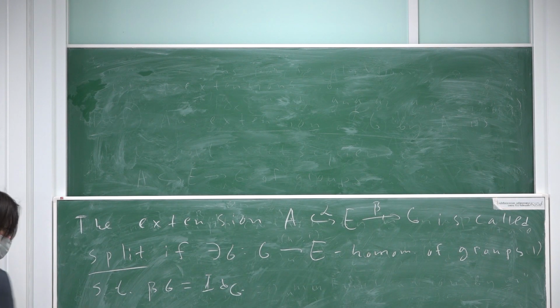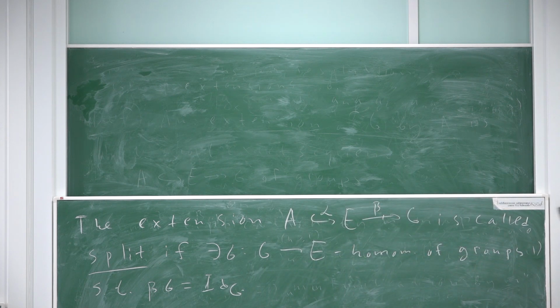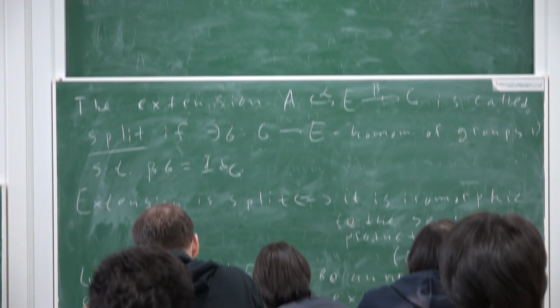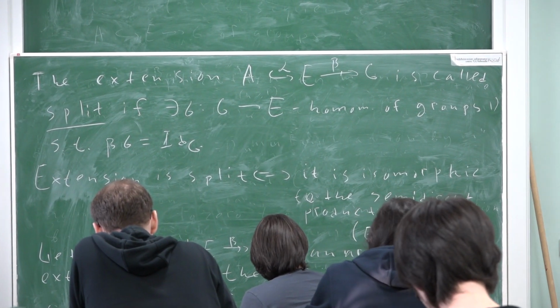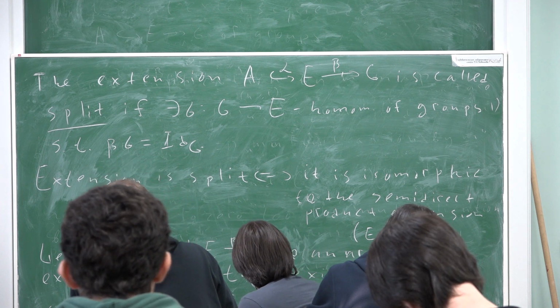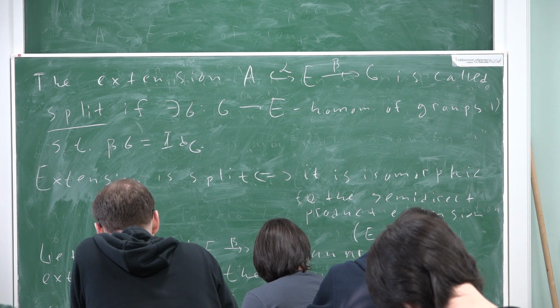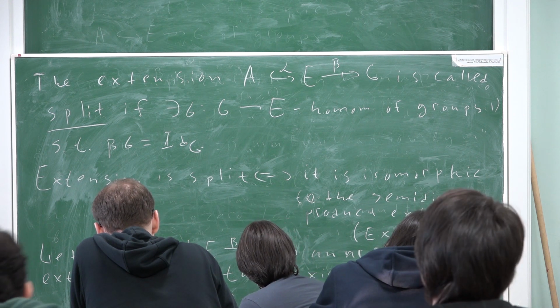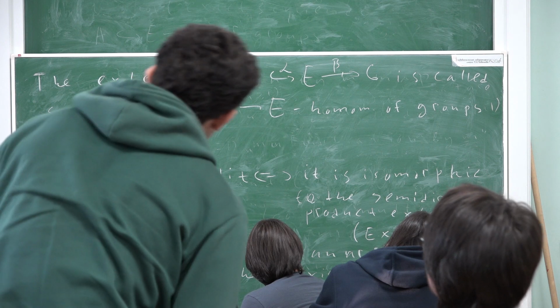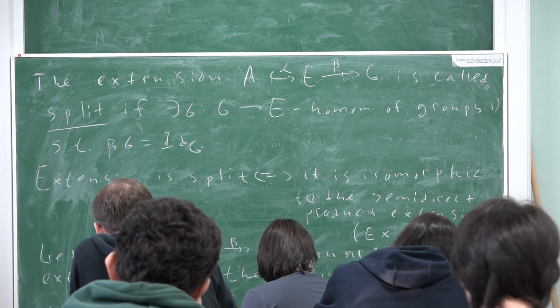And well, we can choose sigma in different ways, but for convenience, we choose sigma in such a way that sigma of 1_G is equal to 1_E.